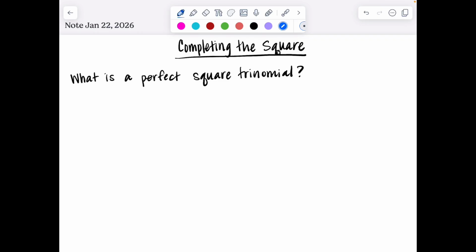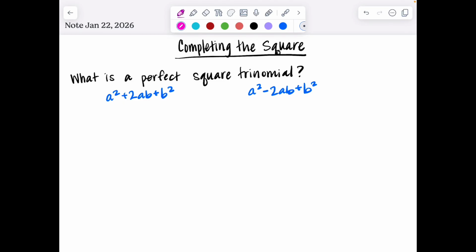There are two formats you'll see a perfect square trinomial in. The first one is a squared plus 2ab plus b squared, and the other one is a squared minus 2ab plus b squared.